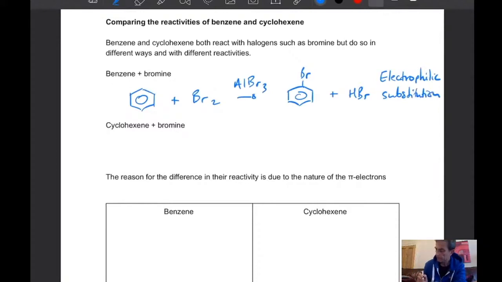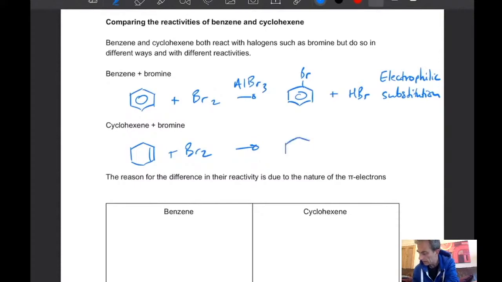And then if we move on to cyclohexane and bromine, I don't think I've done any alkene chemistry with you guys. I think I'd done all of that before I started these live streams. But anyway, here it is. There's your cyclohexane plus bromine, and that doesn't need a catalyst, so we'll not put anything across the arrow.